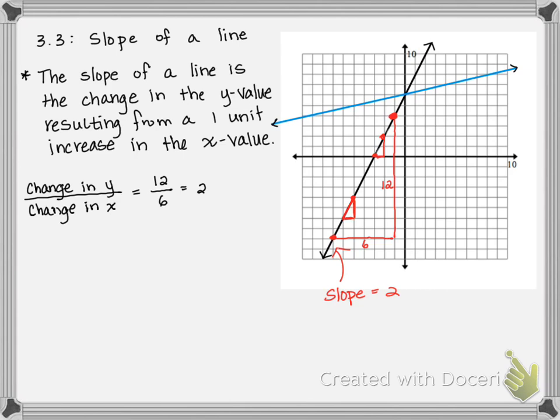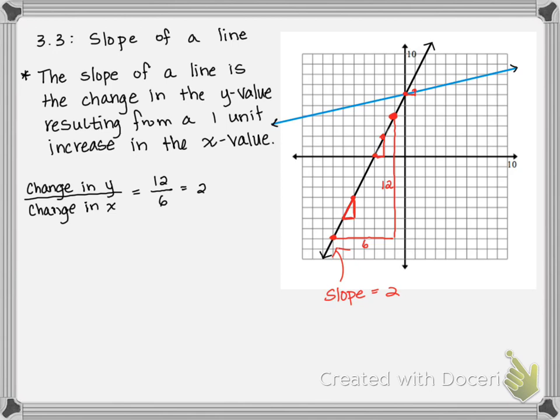So let's look at this blue one. I'm going to just pick a couple points here. The first thing to notice is that it would be super inconvenient to find the slope of this line by thinking of my formal definition of moving 1 unit to the right, because if I move 1 unit to the right, that's not a very convenient change in y to count, right?